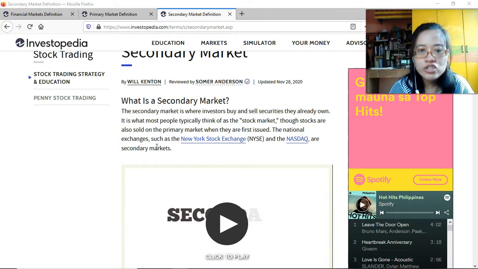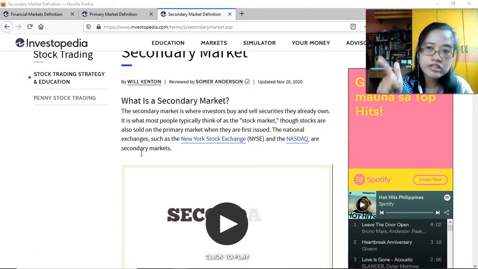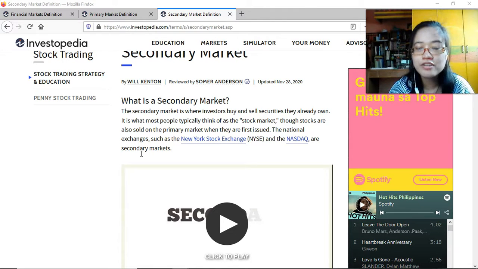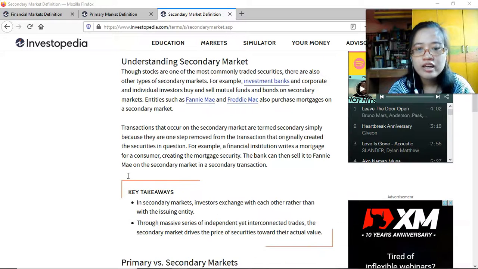The national exchanges such as NYSE and NASDAQ are secondary markets. Here in the Philippines, we have the PSE, the Philippine Stock Exchange. Understanding the secondary market, those stocks are one of the most commonly traded securities. There are also other types of secondary markets. For example, investment banks and corporate and individual investors buy and sell mutual funds and bonds on secondary markets.